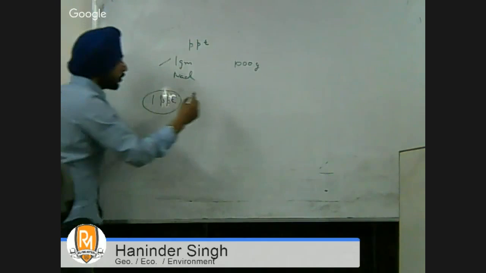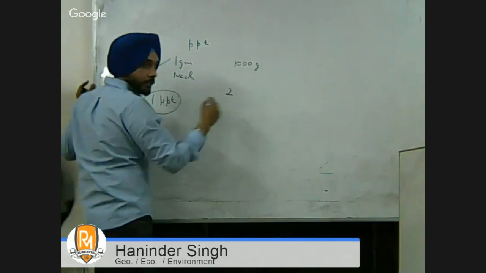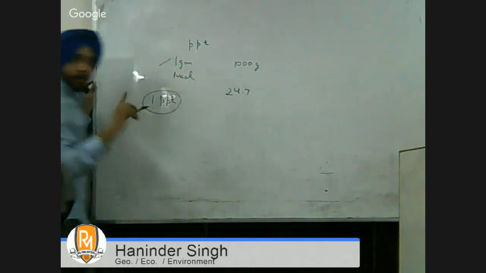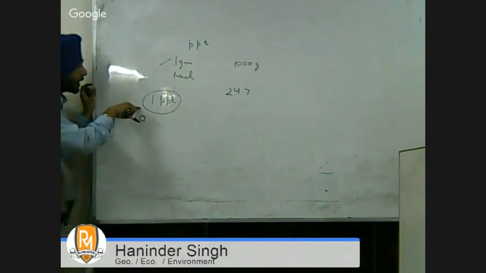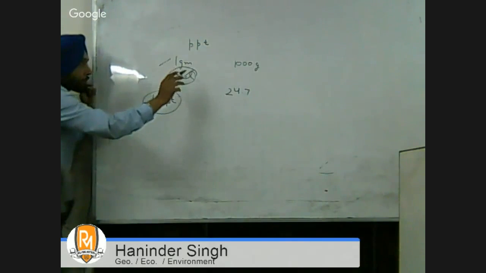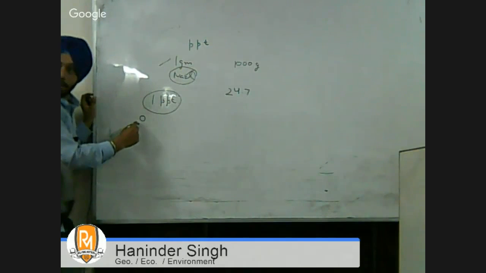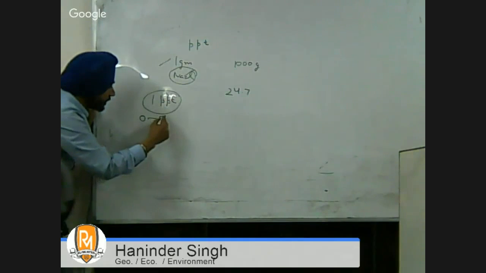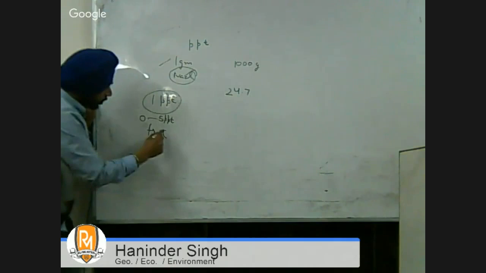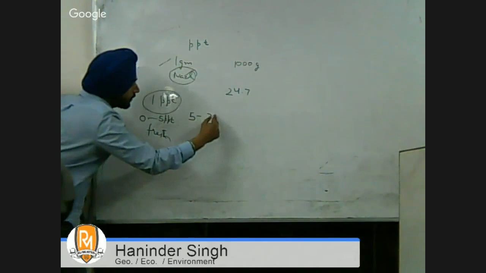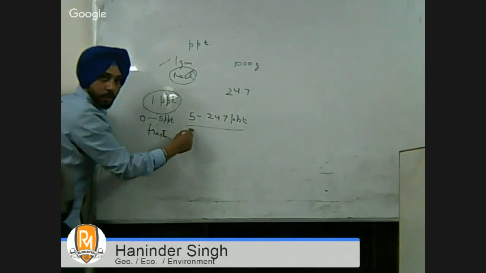Now what is the upper limit of defining salinity? Yes, 24.7. If we have salinity of 0, it means no sodium chloride or any mineral salt is present in the water. That water is known as fresh water. If the limit is 0 to 5 ppt, it is known as fresh water. If the limit is from 5 to 24.7 ppt, it is known as brackish water.